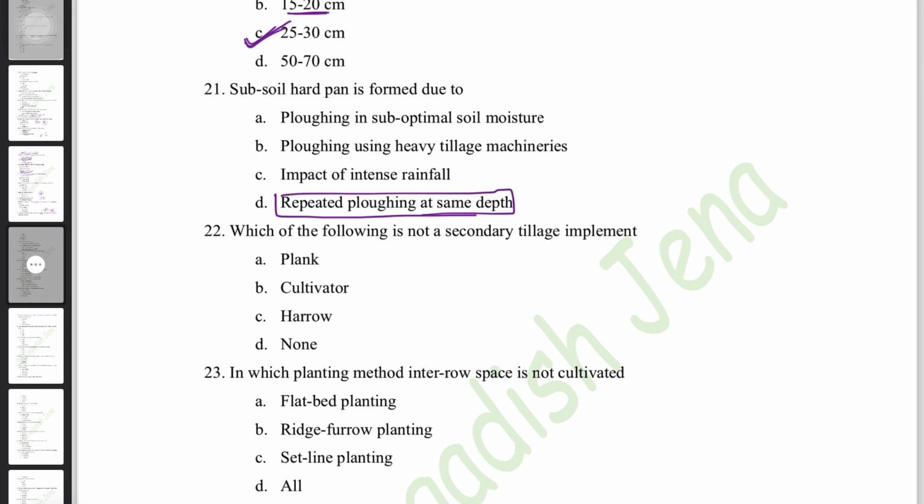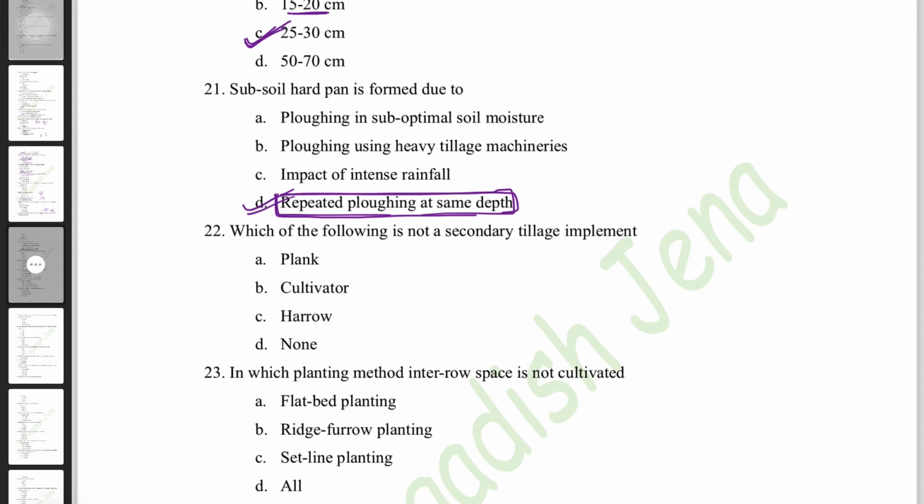Next question, subsoil hard pan is formed due to repeated plowing at the same depth. When you repeatedly plow at the same depth, the implement compresses the soil, and in the subsoil there is more moisture. In moist condition compressibility is greater, while dry soil cannot be compressed that much.